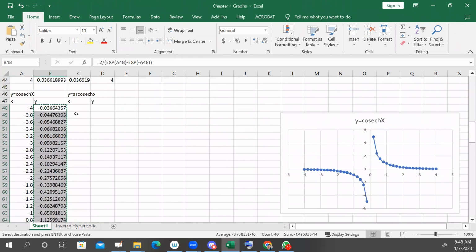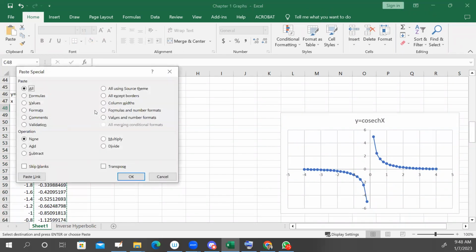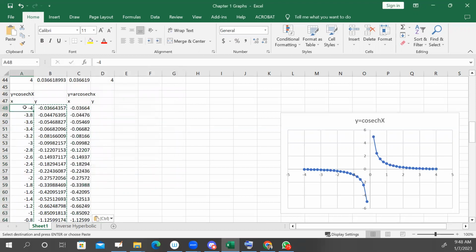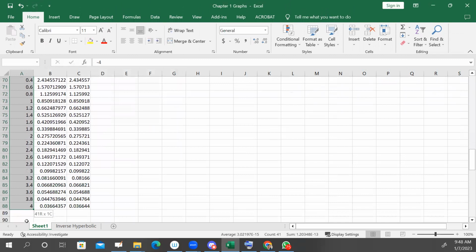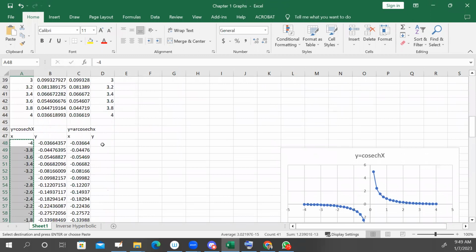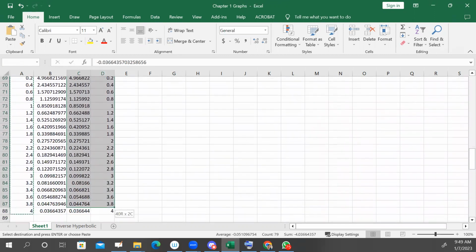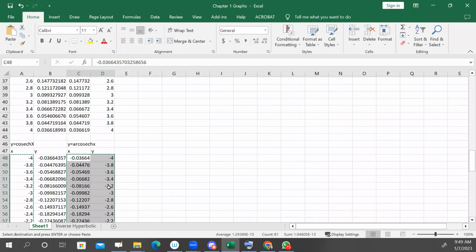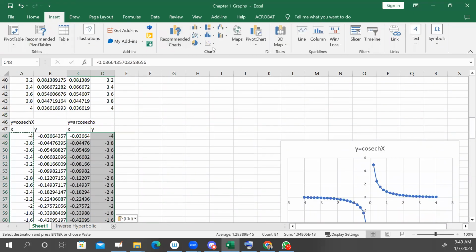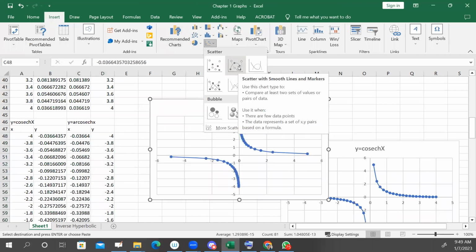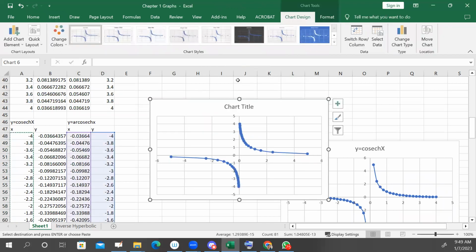So you paste the values here. All right, now let's draw the graph. All right, guys, so this is the R cosech x graph.